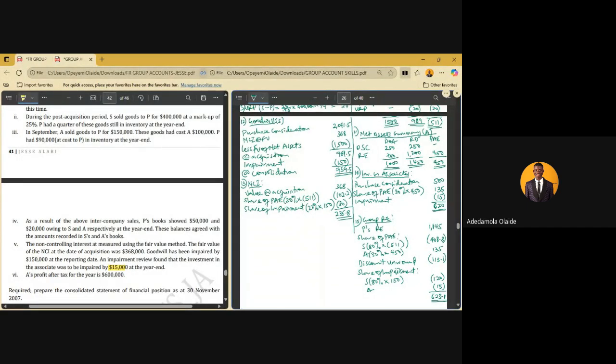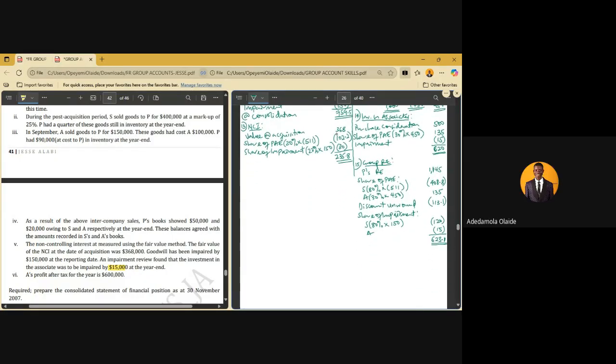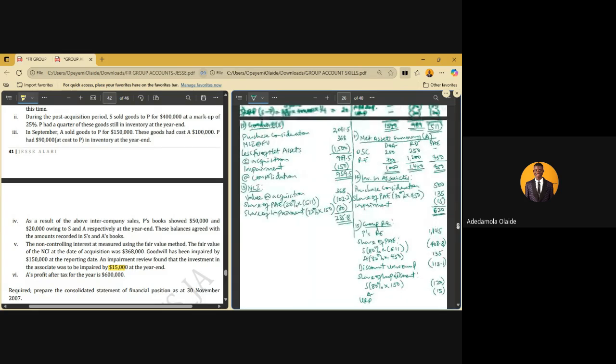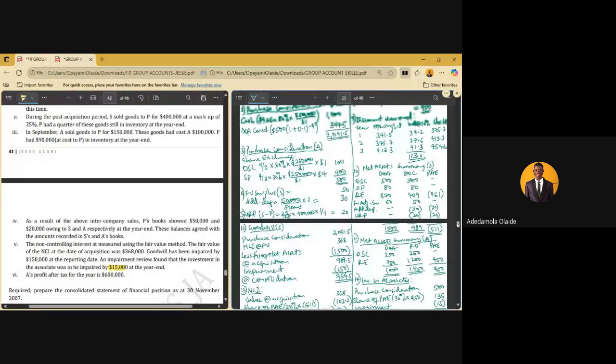So what of unrealized profits? Unrealized profits cannot come because the parent was not the one selling. The unrealized profit of the associates will affect their share of profit. Unrealized profits for the associates. How much is that? 9, Abi? 9.